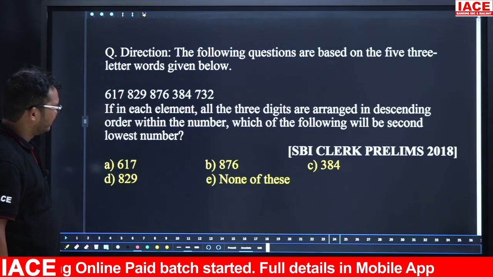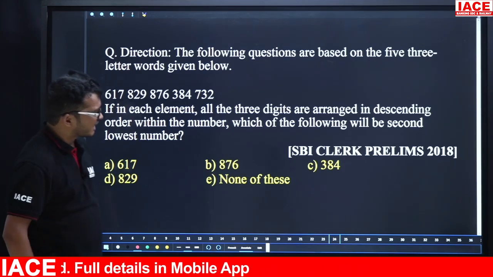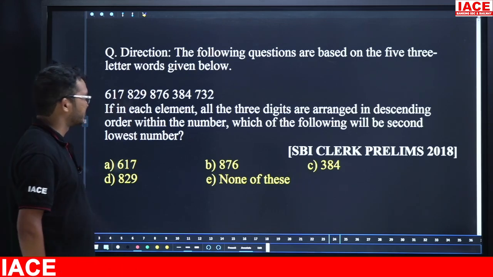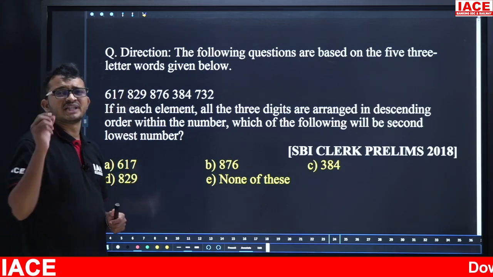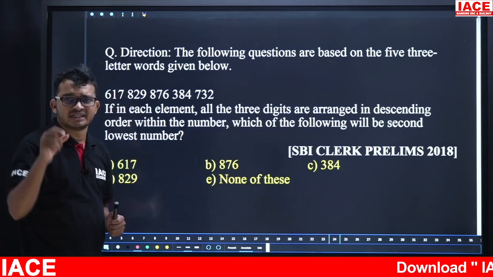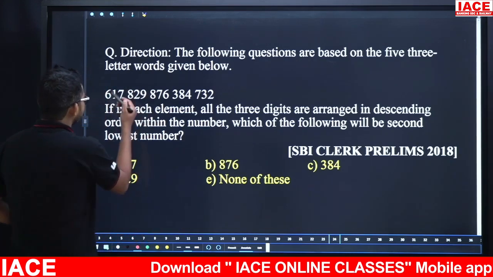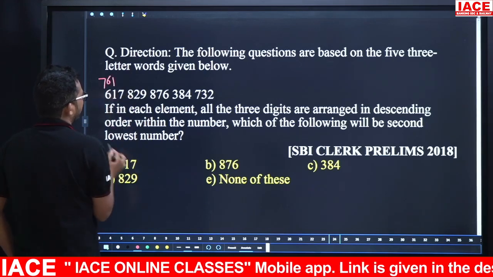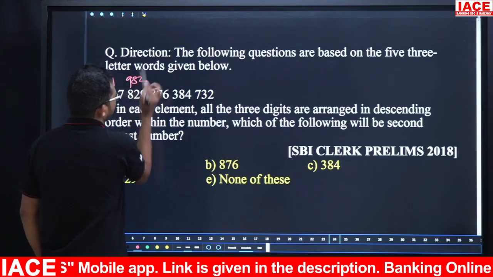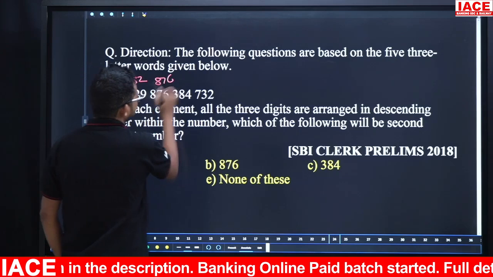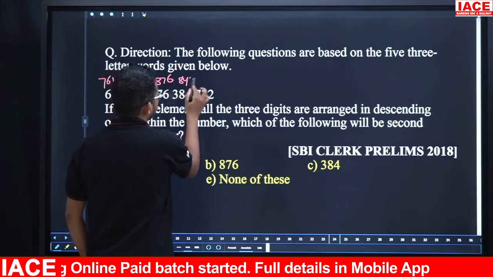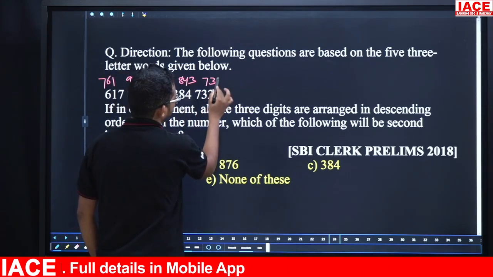If in each element all the three digits are arranged in descending order within the number. So within the number, all digits are arranged in descending order. Descending order means high to low. So the numbers are 761, 982, 876, 843, 732.